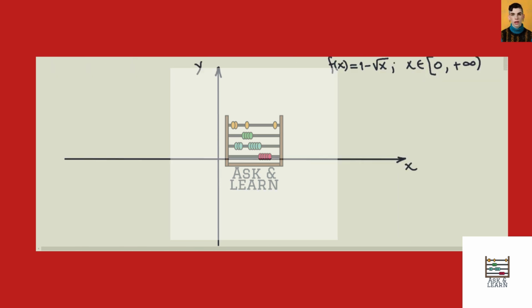Then we know that the square root of x is the inverse of x squared for the positive numbers. That is, we're going to do some transformation to arrive at the graph of square root of x. So we have, let's say, the parabola x squared, something like this.